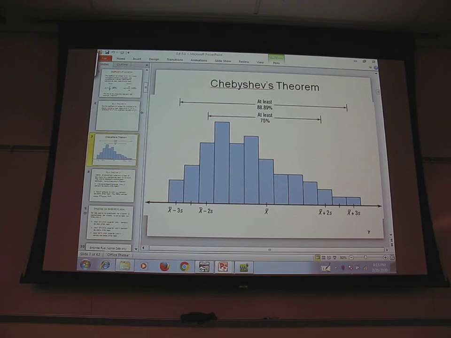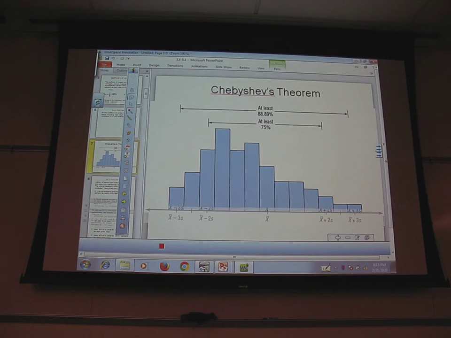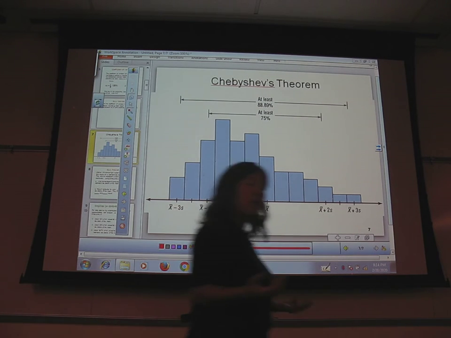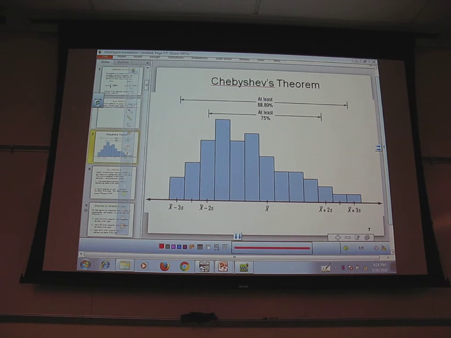Chebyshev's. You guys remember Chebyshev's from last class? It was a really great one because your data doesn't need to be normal for this. It can be any distribution you want, and it still works. The deal, though, is that all it does is give you a minimum.